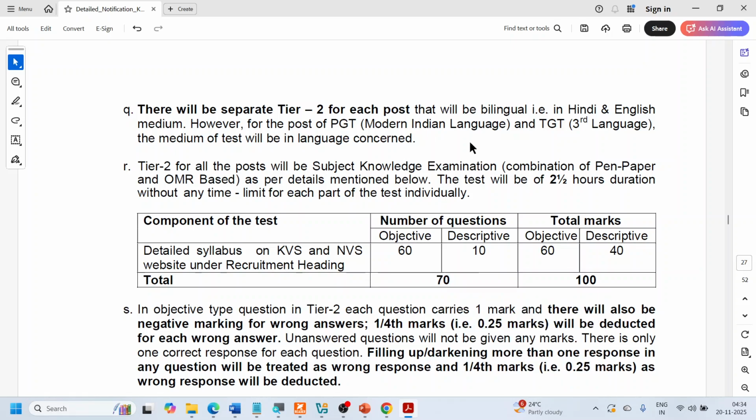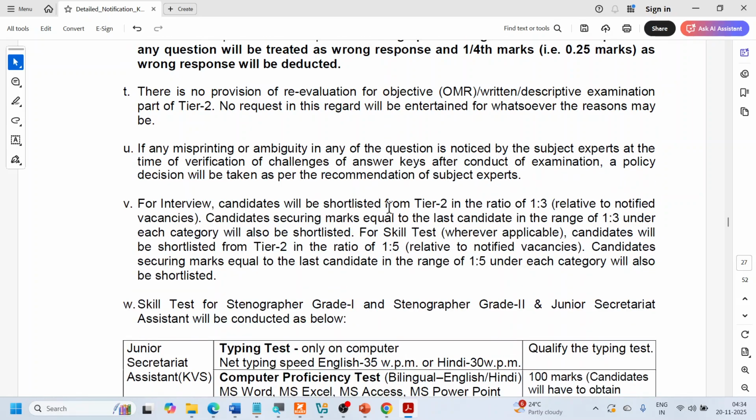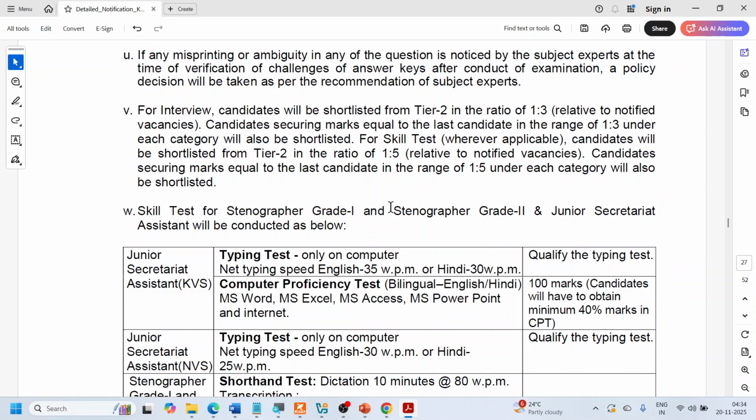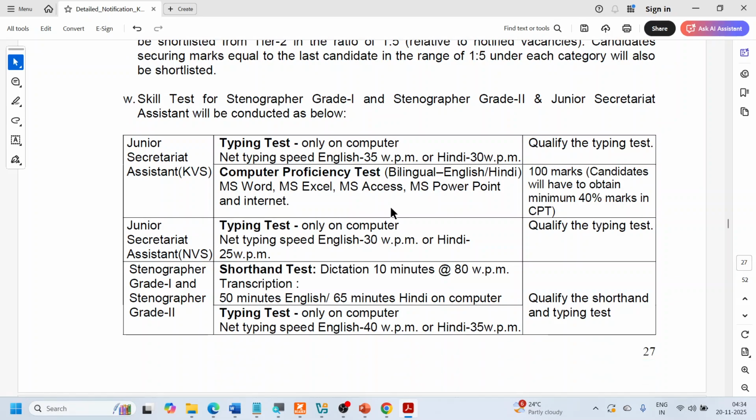So be careful with this one also. Again, for this also you will have negative marks for descriptive as well as for objective, that is MCQ. So when you are writing the test, ensure that you don't tick the wrong answer.